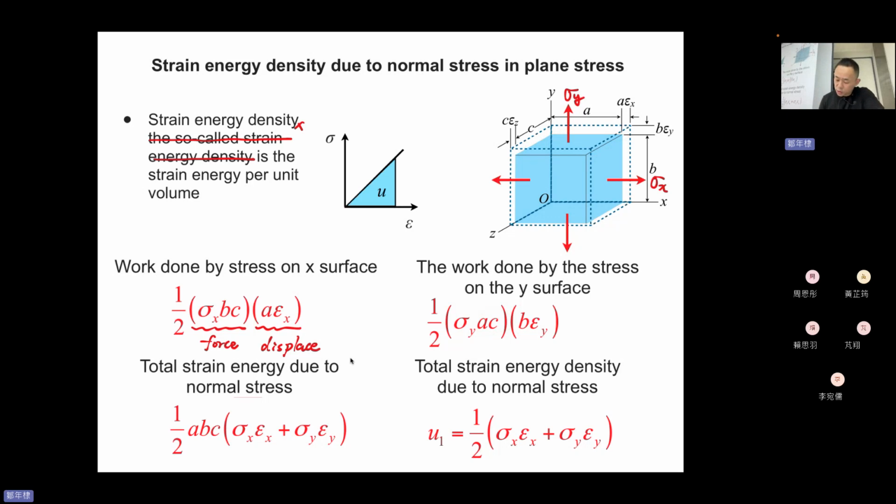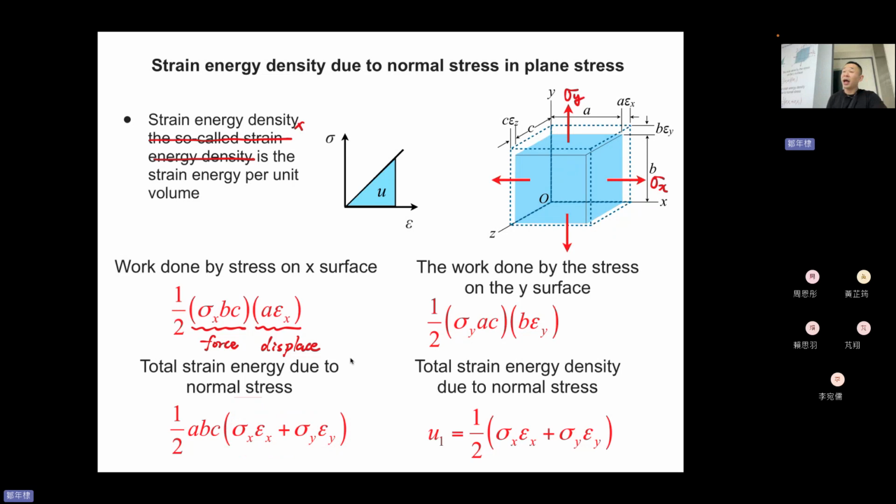So you change to the force and then times its displacement. So work done by x and work done by y, done. So the total energy due to the normal stresses is summed together, right? Half ABC times this sum.